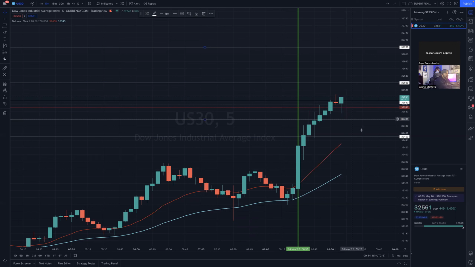If she pulls back into this red area here, I will set up again at 32,550. We got 31 seconds left on this candle.